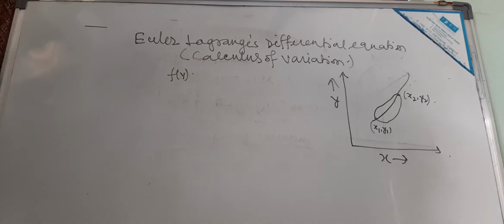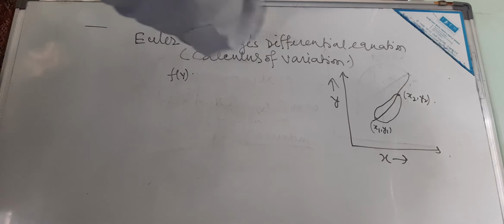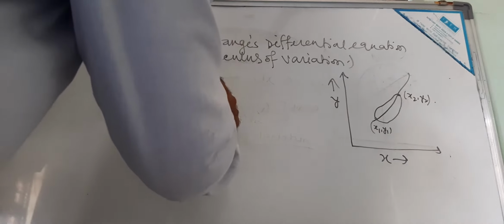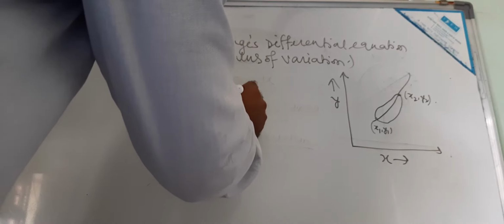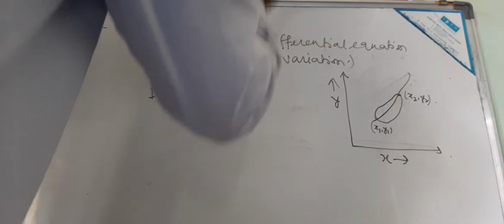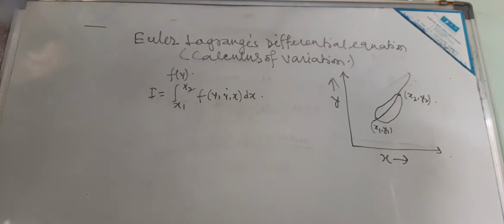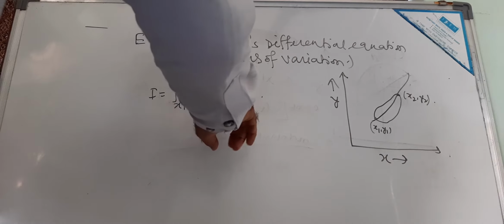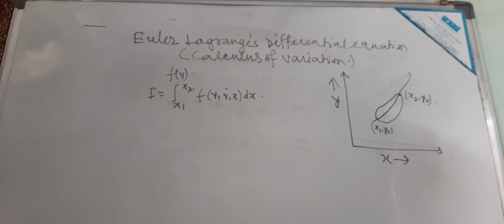Thus we wish to find I equal to the integration from x1 to x2 of our function f(y, y dot, x) dx. This function contains the dependent variable y, the derivative of the dependent variable, and x.